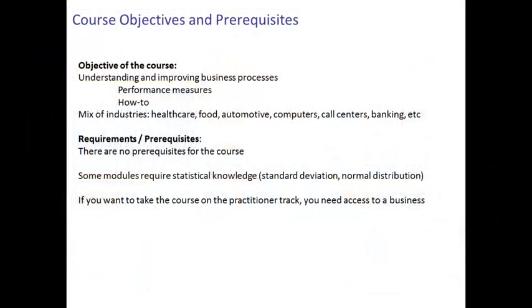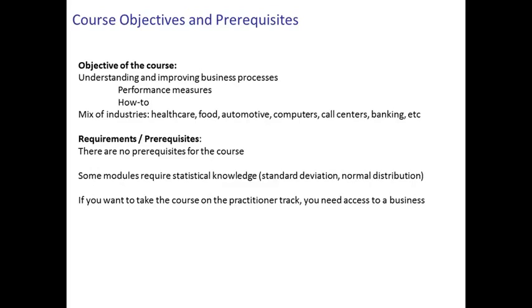All right, let's talk about the objectives of this course. As I said in the introduction lecture, the purpose of this course is to help you understand and improve business processes. That will start initially with a diagnosis, and we will cover a number of performance measures that you can use to get a sense of how your operations are currently doing. And then we will introduce a number of tools that help you to improve your business. So we'll be very specific. I call these how-to tools.